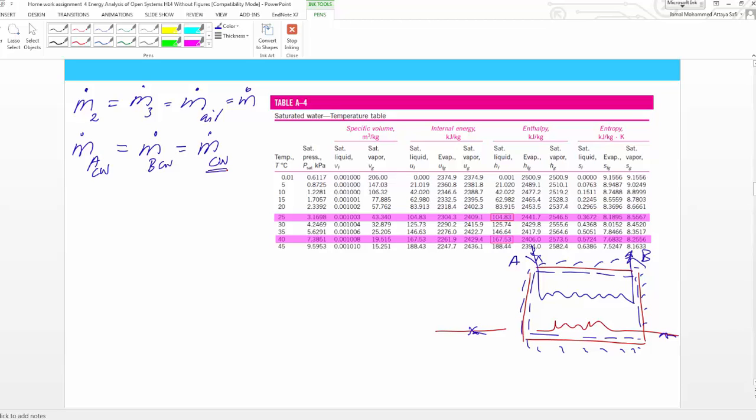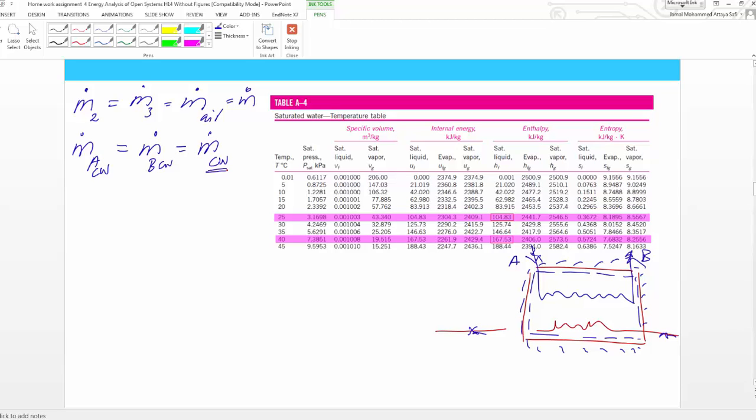And now, with this information that I have in hand, I can try to find the mass flow rate, because that's the only unknown.